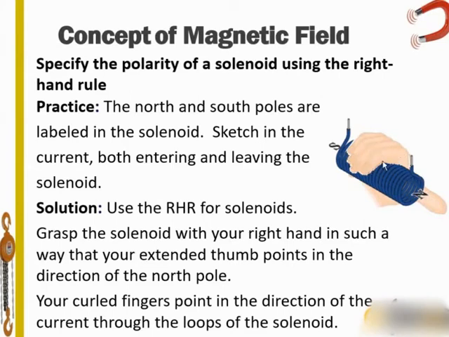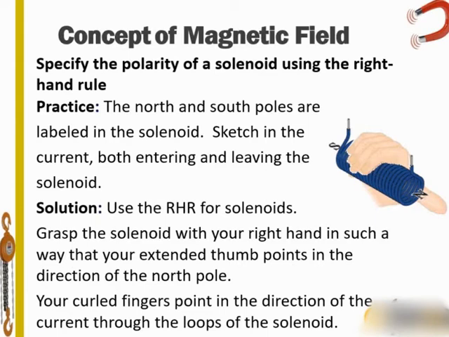And remember, in the right-hand rule with a straight line wire where current is flowing through it, your thumb represents the direction of the current, but it's your fingers that represent the direction of the magnetic field. So don't get the two of them mixed up.